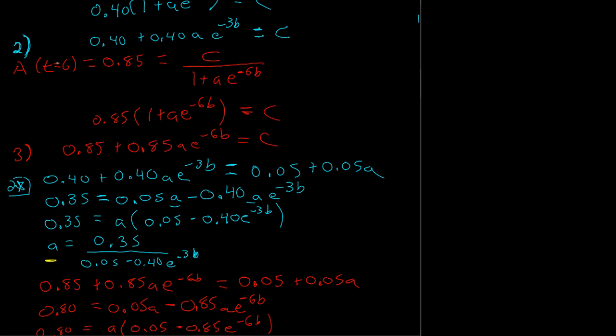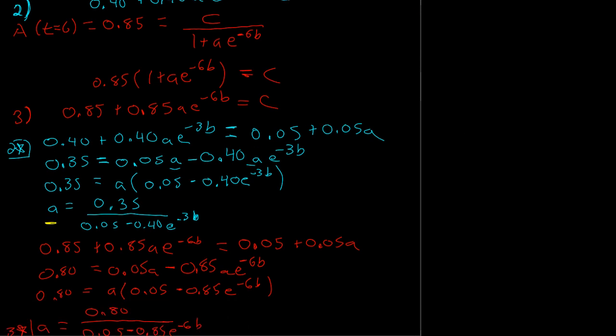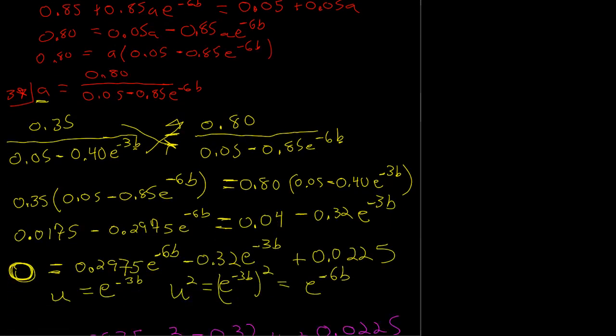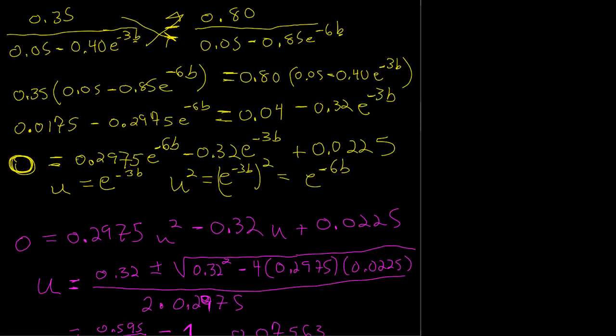Then we picked doubling times, t equals 6 and t equals 3. I picked doubling times for many reasons. One of them is I will always get a quadratic equation out of them, but also doubling time is how we tend to measure things. So I picked the 3 and the 6. We simplified all the equations so we could get them in terms of one variable, which was b here.